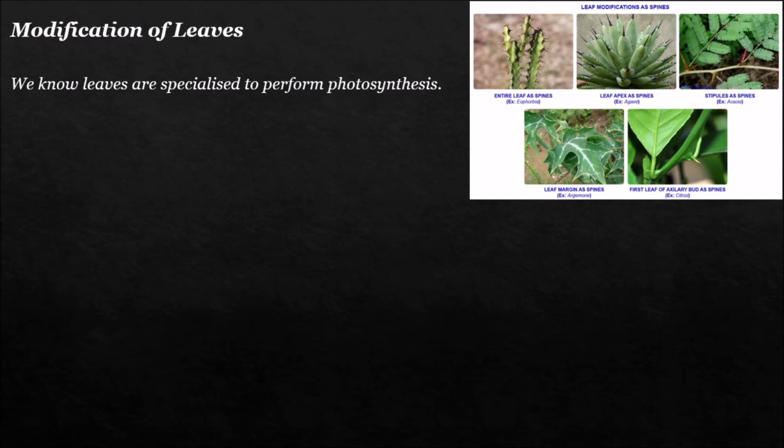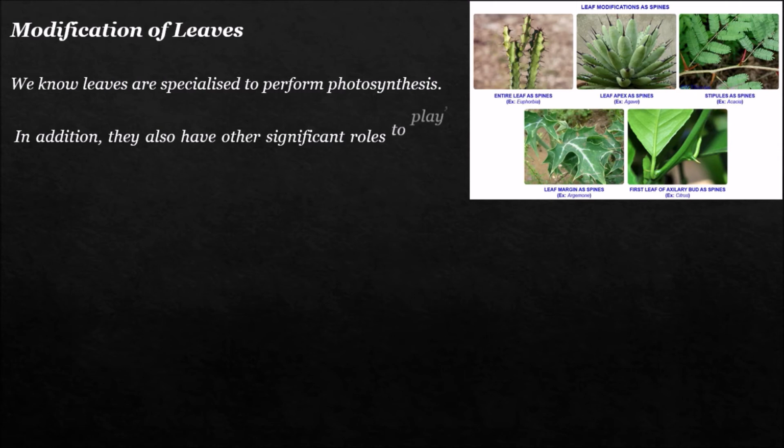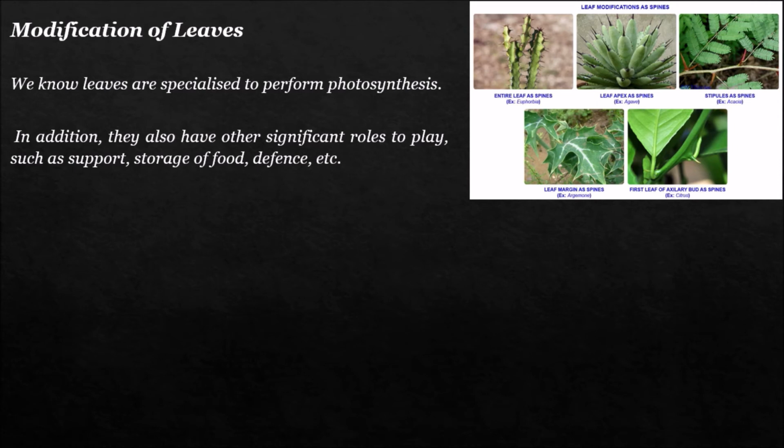In general, when we talk about leaves, we know that leaves perform photosynthesis, or in our lower classes we learned that they are the kitchen of the plant. So what are the modifications present in the leaves? In addition to performing photosynthesis, they play roles in support, storage and defense also.